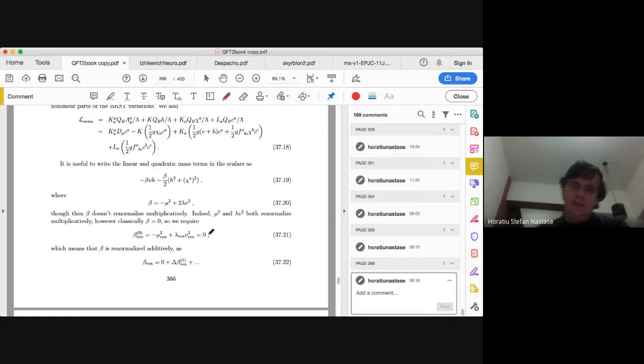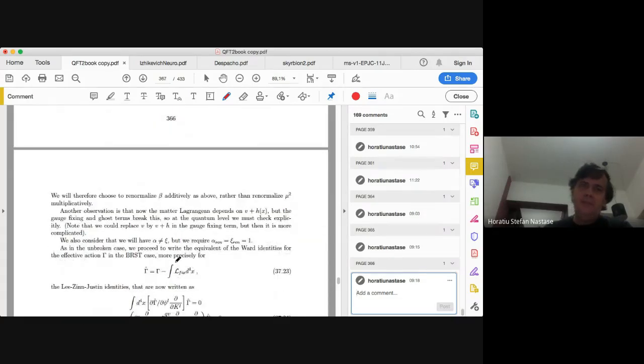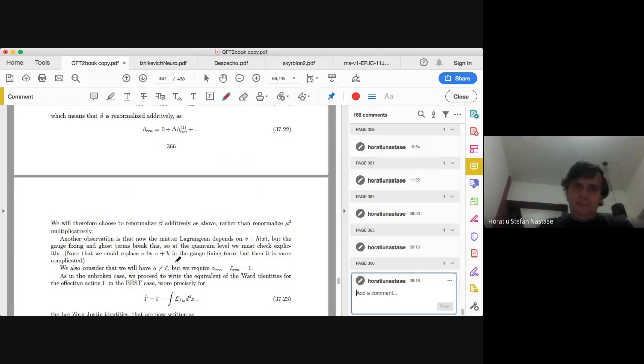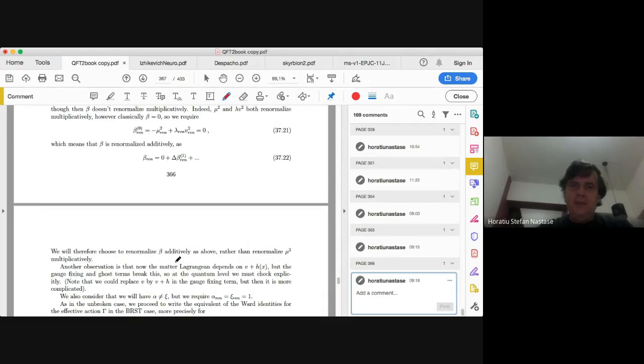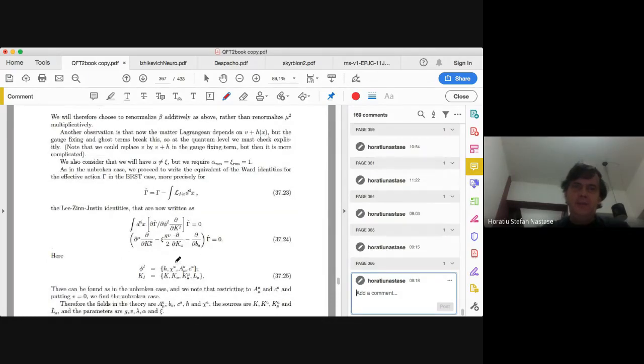So at 0th order, this canceled, and then we're left with the first and higher orders, which therefore are renormalized additively. So you have 0 at the classical level plus something non-zero for the first order, right? But we'll nevertheless choose to renormalize beta like this rather than renormalize mu squared multiplicatively.